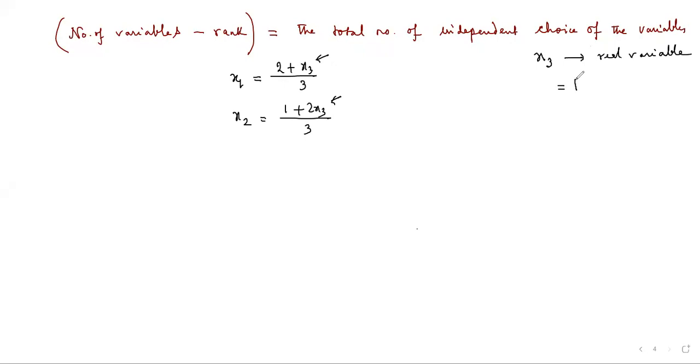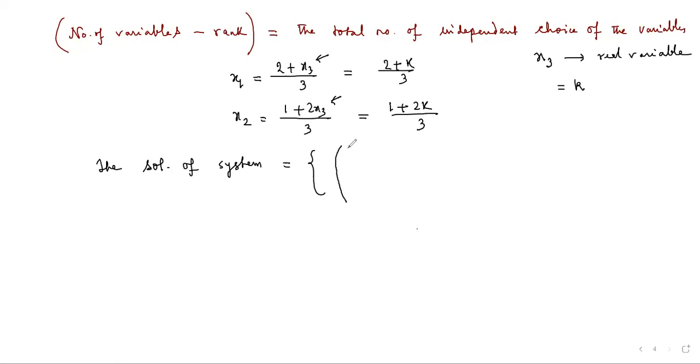We can think of x3 as a variable k, which is real. So in place of x3, we write k, in place of x2 we write 1 plus 2k by 3, and in place of x1 we write 2 plus k by 3. The solution of the system thus takes this form. There are 3 variables, and x3 has the independent choice, where k is a real number.